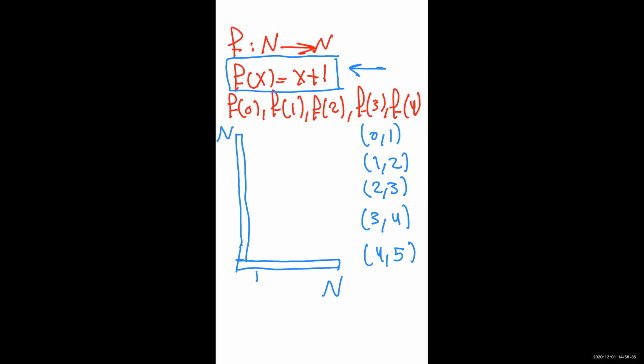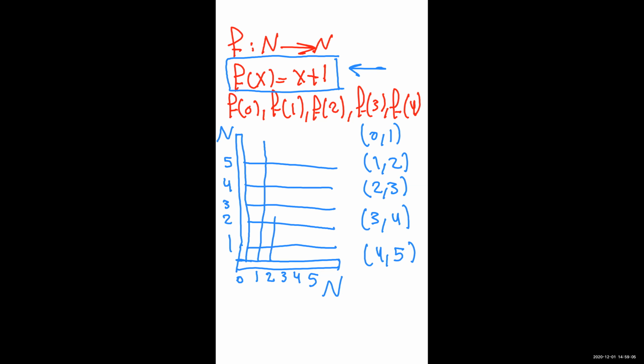There is 0, 1, 2, 3, 4, 5, and so on. Now, draw the vertical lines as usual, like this, and horizontal lines to the remaining elements here, like this.